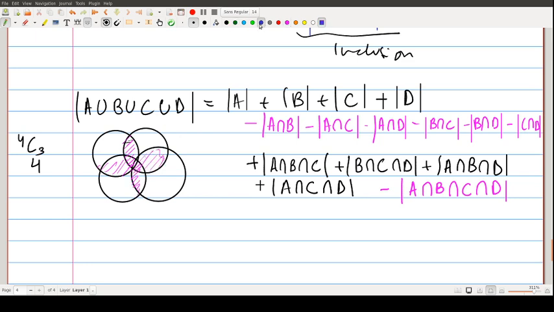Then we removed the intersection of 3 of them, so this one, and this is too difficult to see, but you get the idea, right? And then you just remove the very middle section that was added and then subtracted and then added again, so we just subtract it once.